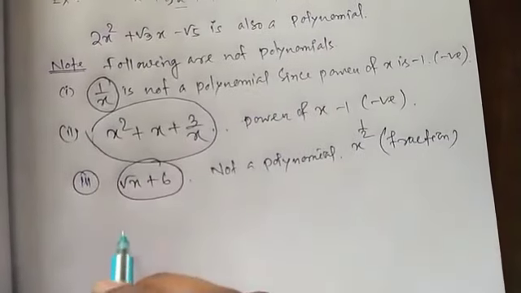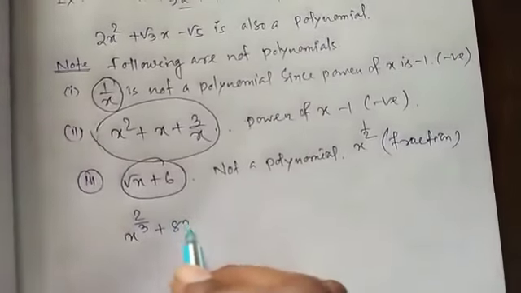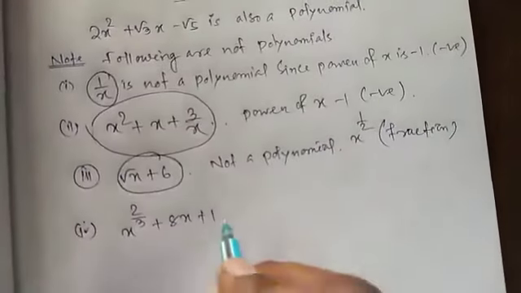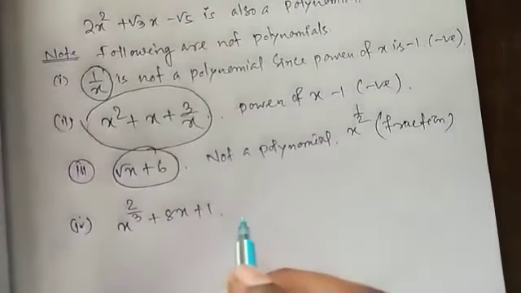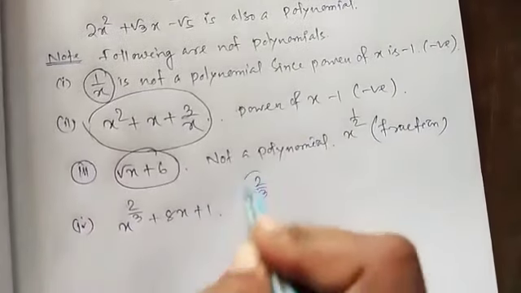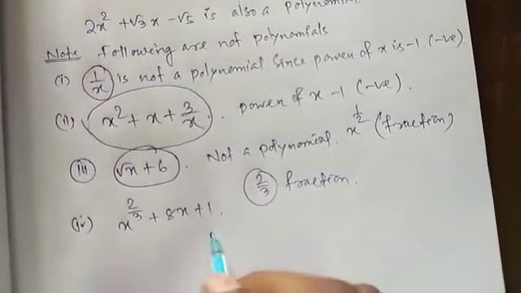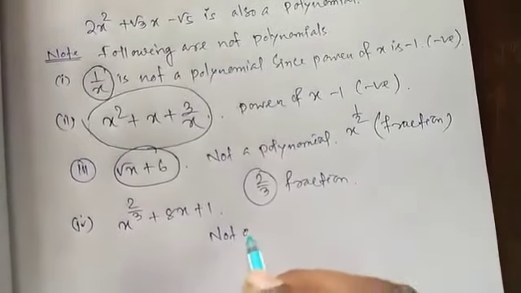Or we can say that x to the power 2 by 3 plus 8x plus 1 is also not a polynomial because here the power of variable is 2 by 3, which is a fraction.